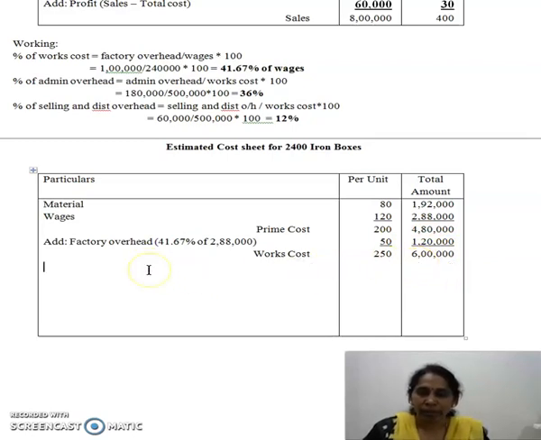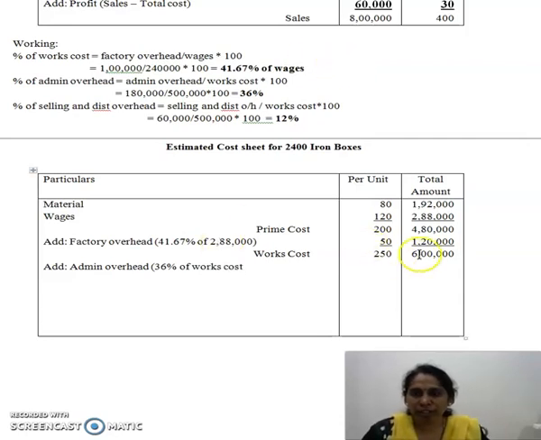Okay, next is admin overhead. Add admin overhead. Here admin overhead is nothing but the 36% you have already calculated. So 36% of works cost. Here the work cost is how much? The work cost is 6 lakhs.